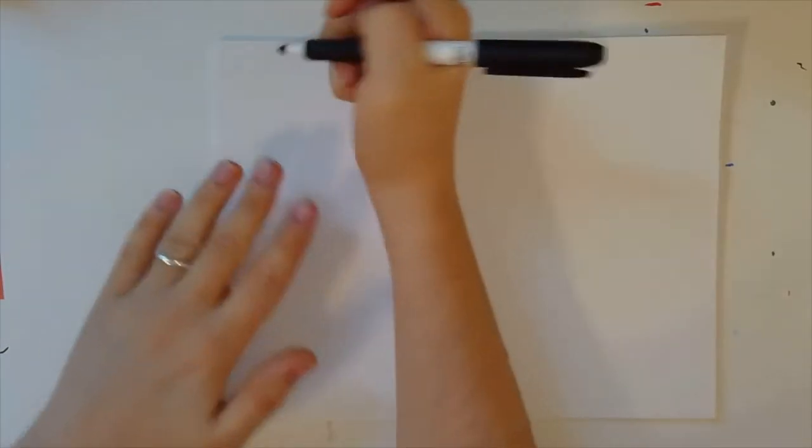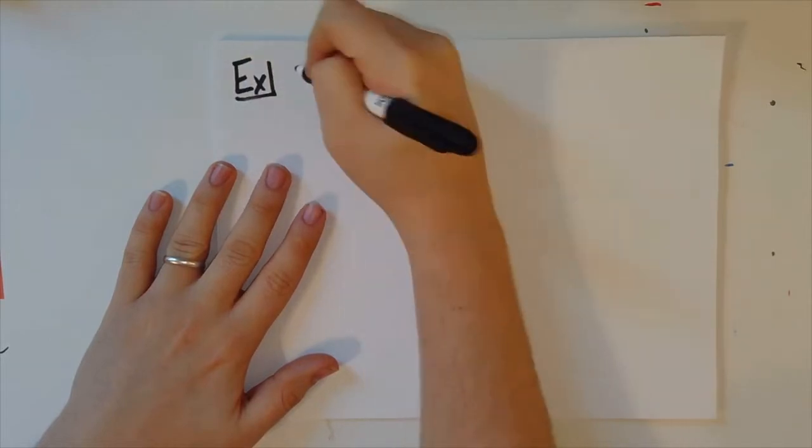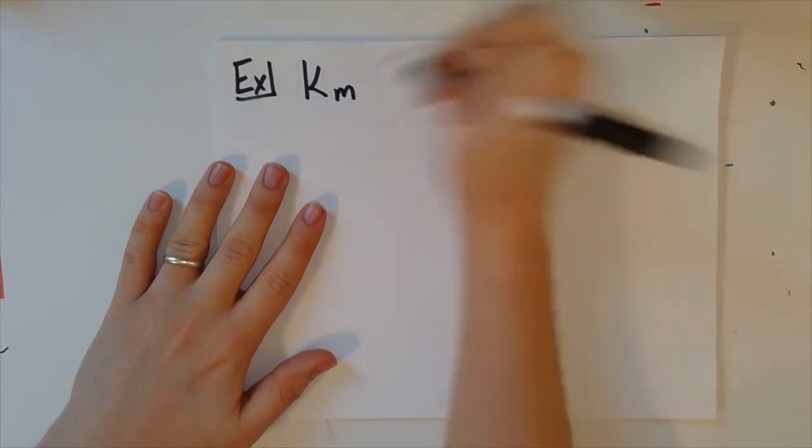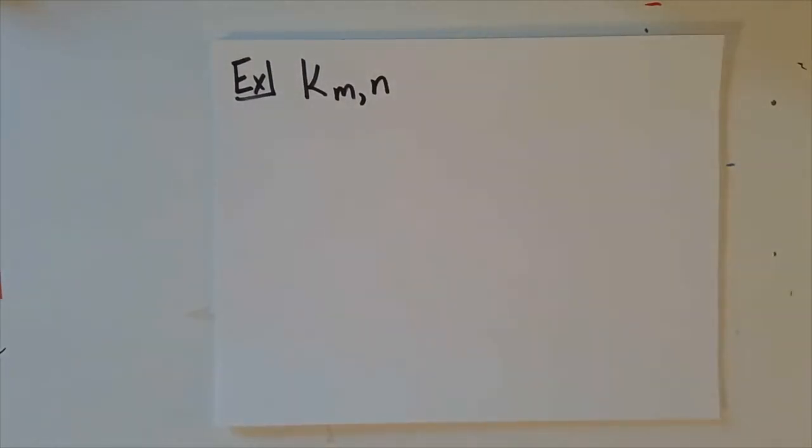Okay. A couple more examples that I want to have always at hand for us. And so the next one I'm going to talk about is the complete bipartite graph. And so this is going to be indexed by two numbers, m and n.